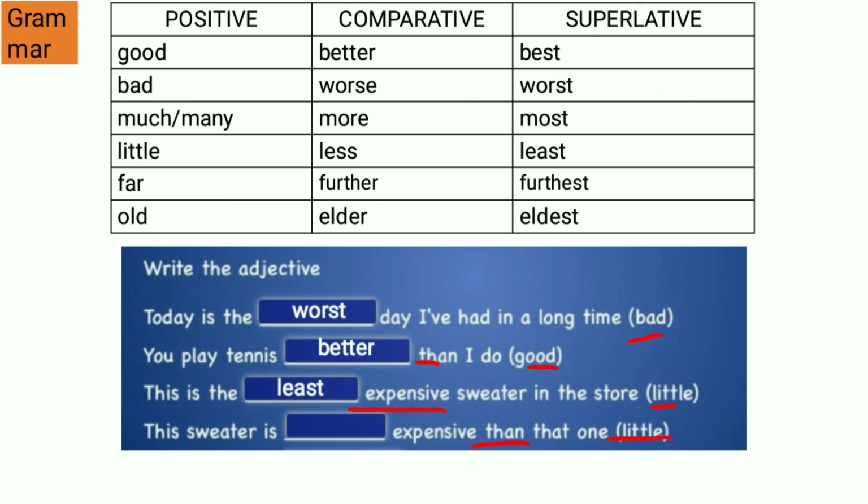So look at the column of little. Since it's a comparison, look at the comparative form of little, which is less. So the correct answer is less. That means this sweater is less expensive than that one.